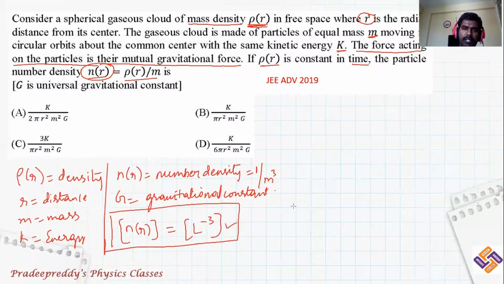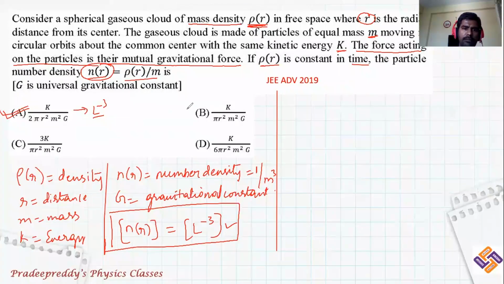Now, as there are four options, you are supposed to find out the dimensions of n of R. Which of these equations is correct? For that, take option A and write down its dimensions. If you get dimensions L power minus 3, option A is correct.